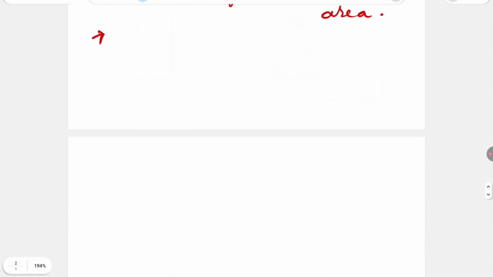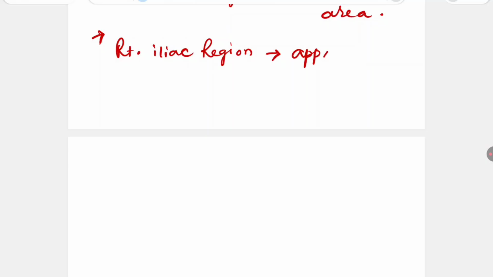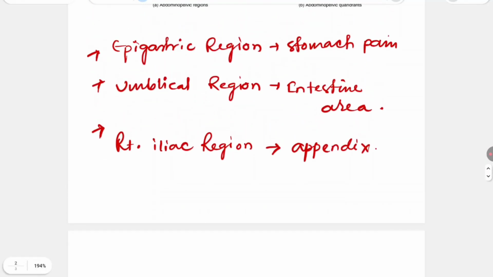Okay, so these are the areas we are checking. In the epigastric area we check for stomach pain.